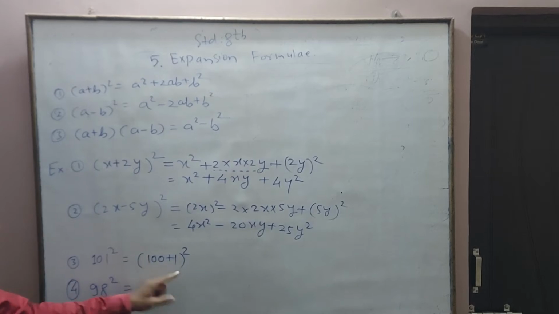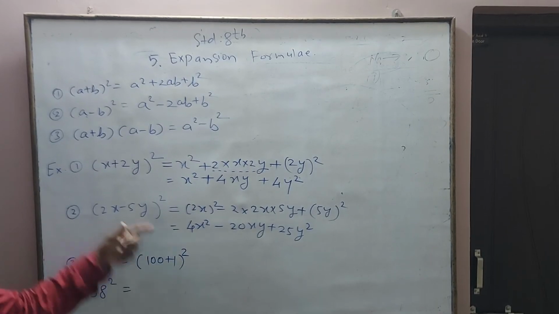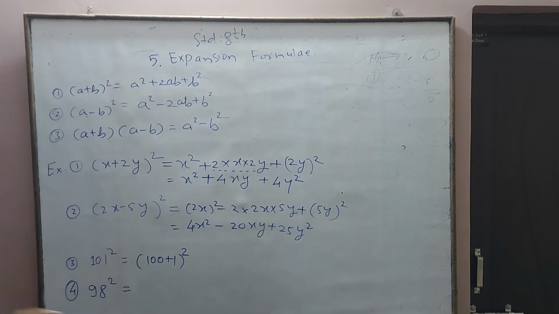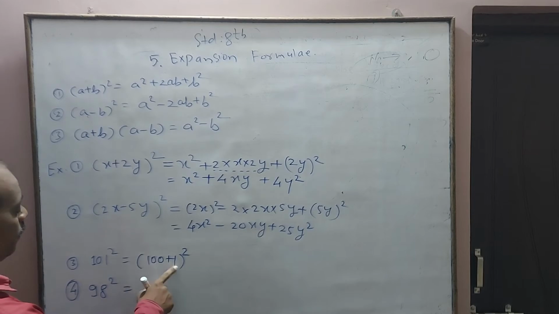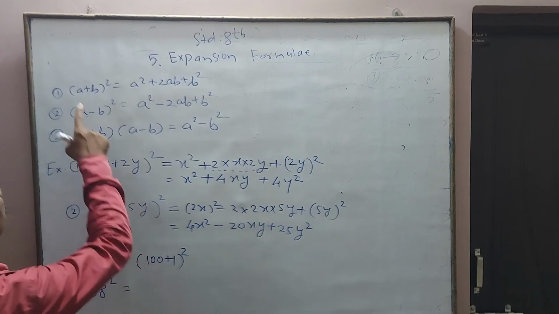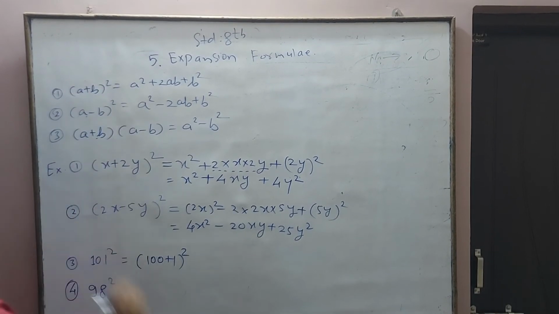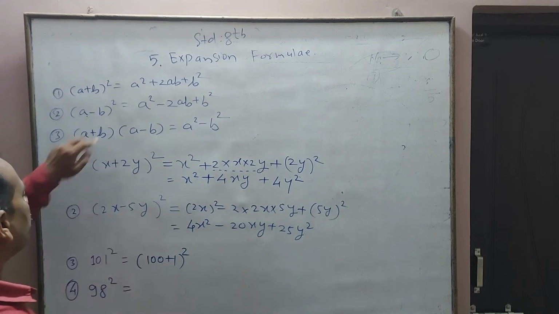So 100 plus 1 we write to adjust the formula like this. And which formula will be applicable for this example? So a and b addition whole square, so this formula will be applicable. What is that formula?